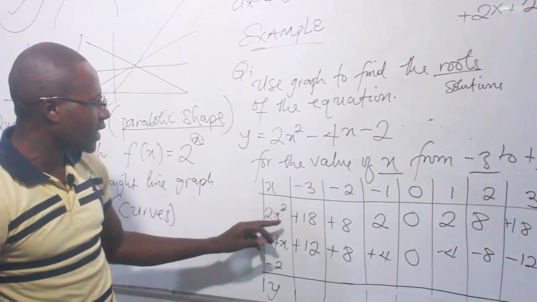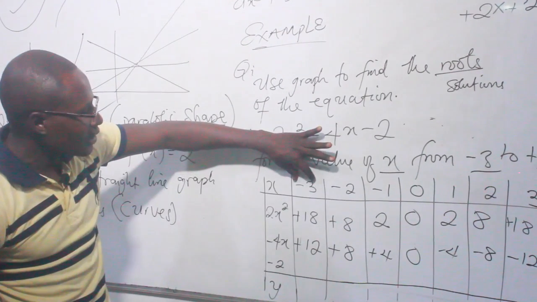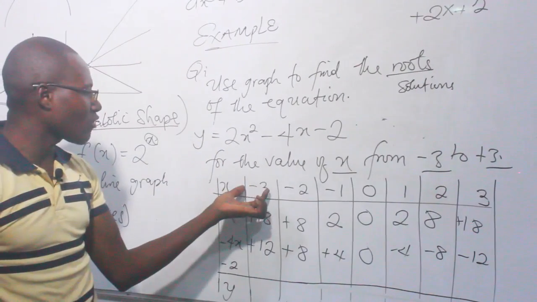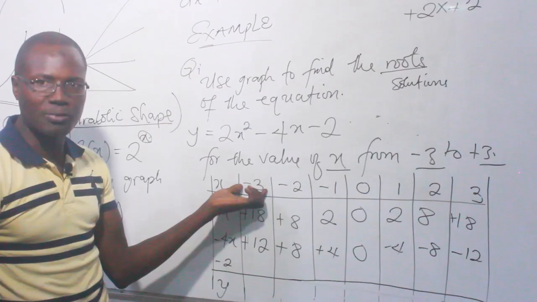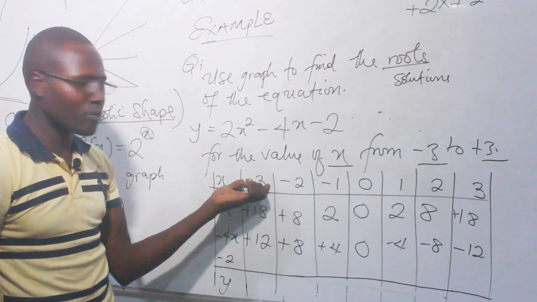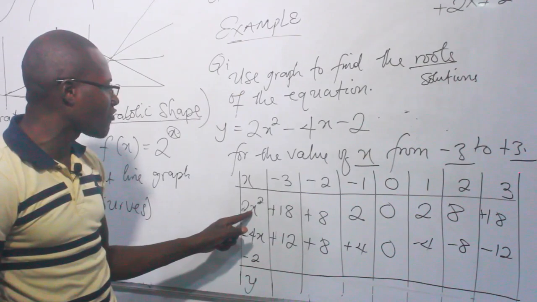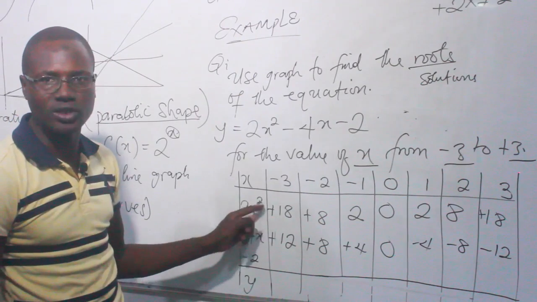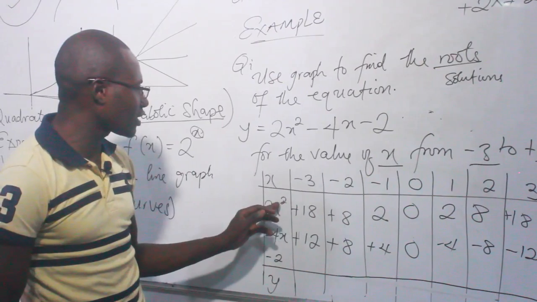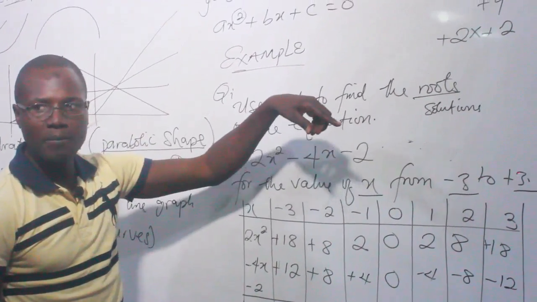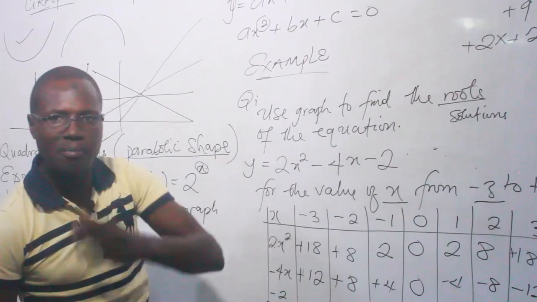As mention was made earlier, the values of x range from minus 3 to plus 3. Whether the value of x is positive or negative, provided that the power above x is more than 1, which is square, when you square a negative number, it will eventually turn positive, because we have minus times minus.